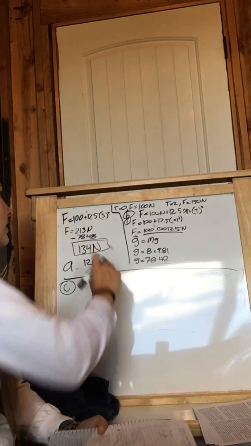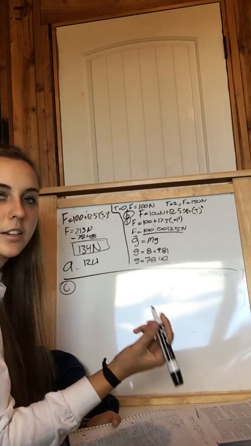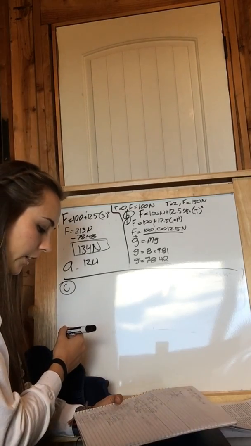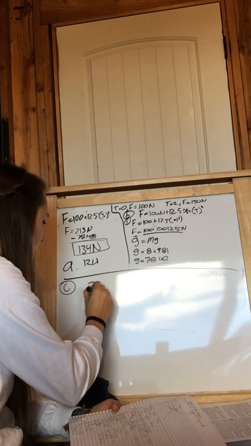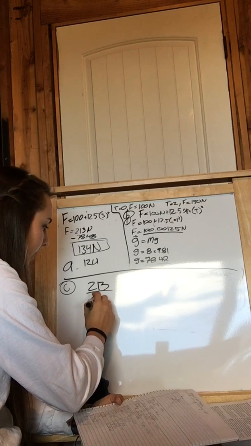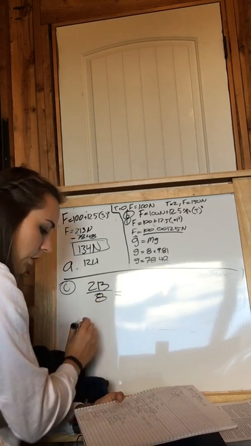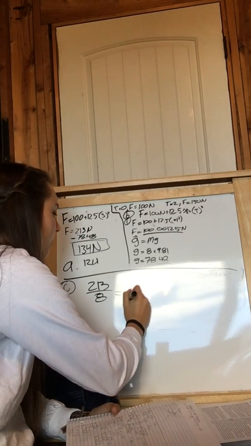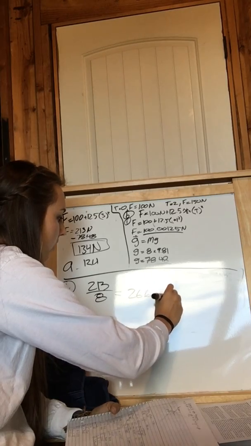So this is basically the same question, but we're not going to subtract gravity before we find acceleration. So we're going to take this answer, the 213, and just divide that by the mass, which is 8, which should give us approximately 26.6 meters per second squared.